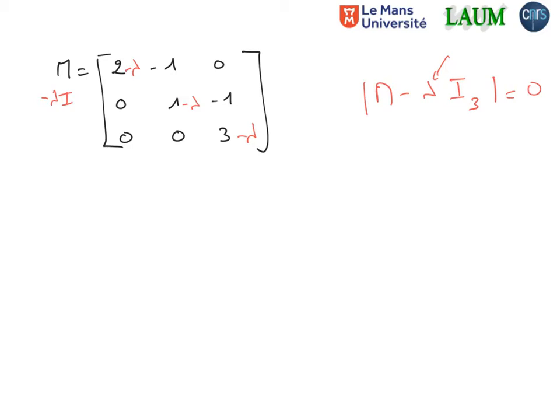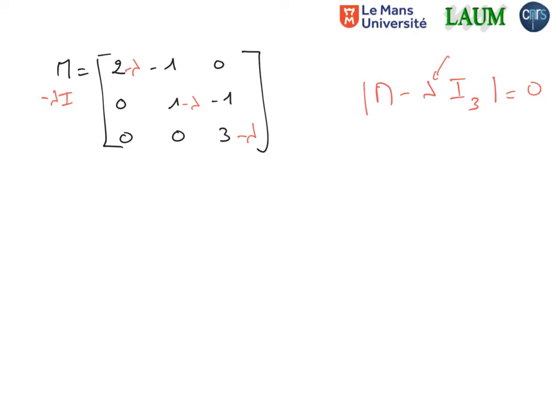So now we just have to compute the determinant of this matrix, and this can be computed in several ways. The first method, which is really linked to the trick that we used before, is to see that we have an upper triangular matrix, so the determinant is the product of 2 minus lambda by 1 minus lambda by 3 minus lambda.